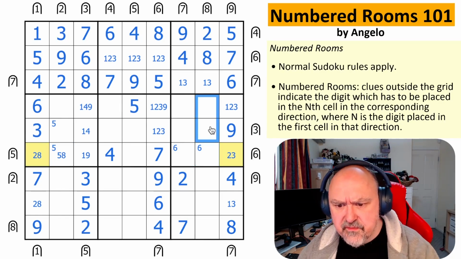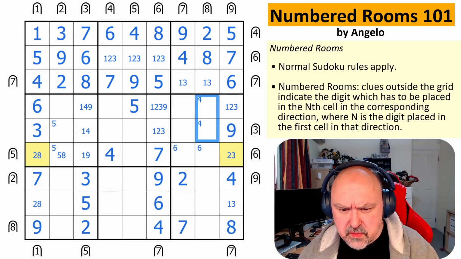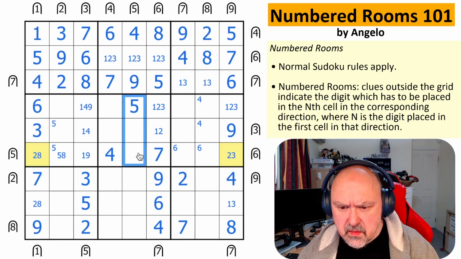Probably Sudoku. 4 is in one of those two. There's no 9 there anymore because I've got the 9. There's no 3 there. Nine is not in... No, 9 is not in any of those.